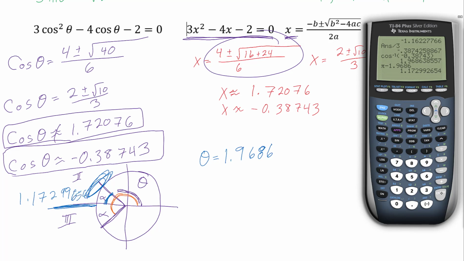So to find out my other angle, the one that's down here in the third quadrant, I'm going to add the 1.172992654 to pi, and that gives me a second angle that is 4.3146, rounded to the 4 decimal places.